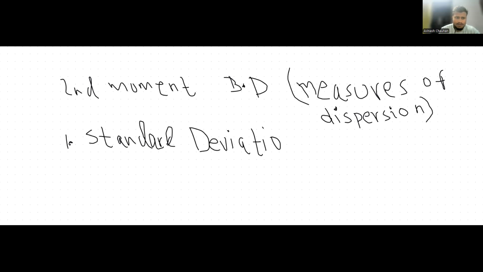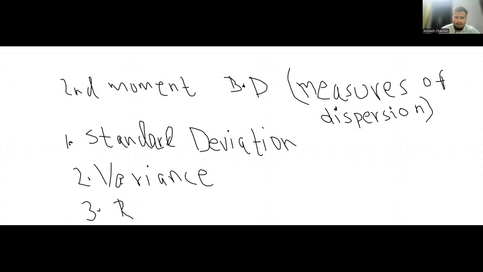Standard deviation. Second is called variance. There is no such order that you have to remember, that standard deviation comes first and variance second. You can write first variance, second range, third standard deviation. There is no such order.